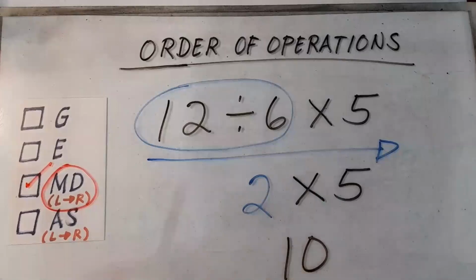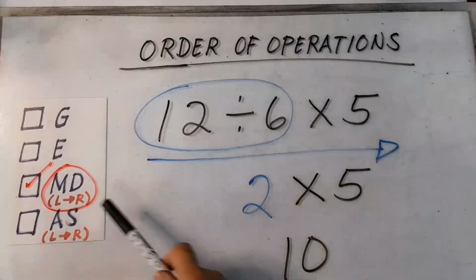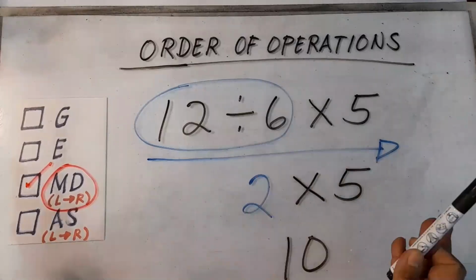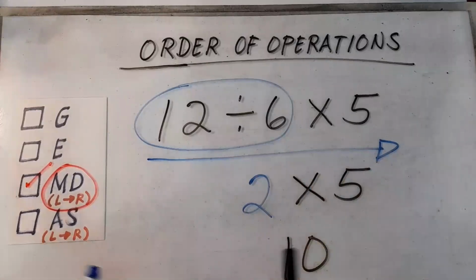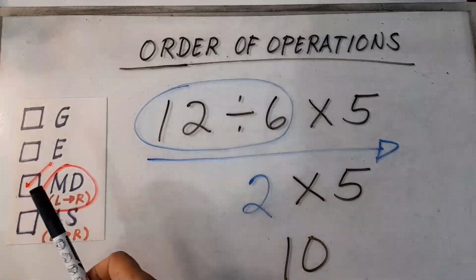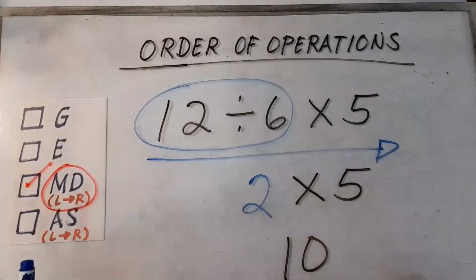Hindi po pwedeng imumultiply mo muna bago ka magdi-divide. Okay? Kasi pag nagkaganon, hindi mo ma-perform yung order of operations ng tama. Kasi yung order of operations, basically, we perform operations of the same level from left to right. Okay? So, we have 10 in this expression.